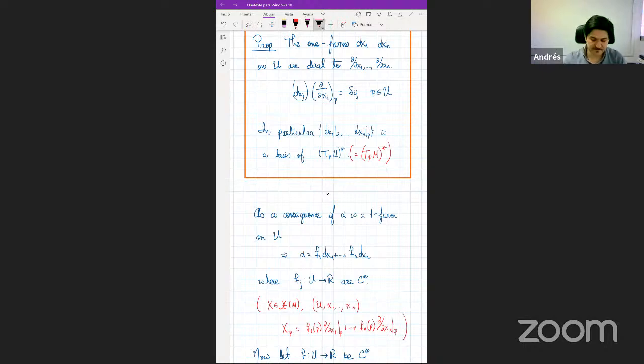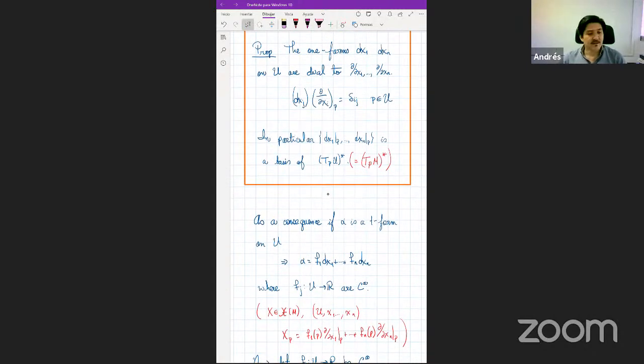Okay, so this is the analog. And when we study vector fields, most of the things that we did there, we will do here as well, in terms of constructing differential forms, the tangent bundle, and all of that.